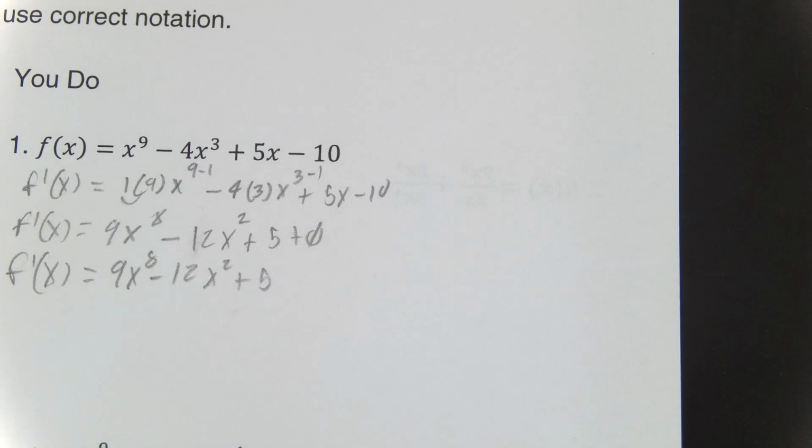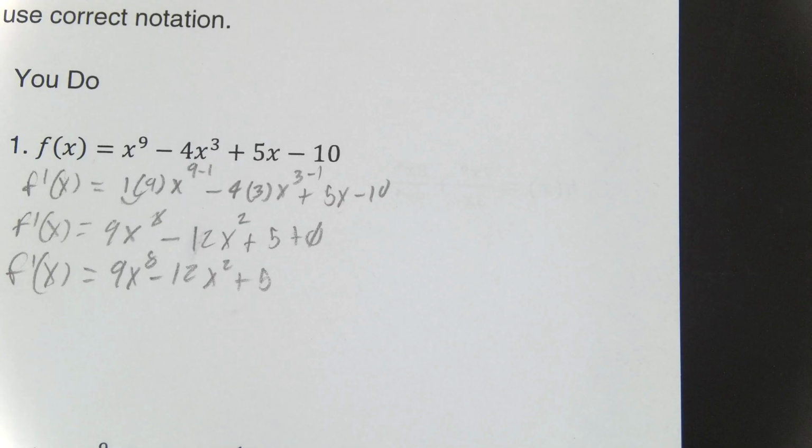Another thing you did is you brought down this 10, but this needs to go to 0 right away. I saw some of you get to this point and then have a 10 and then put 15. That's not right.